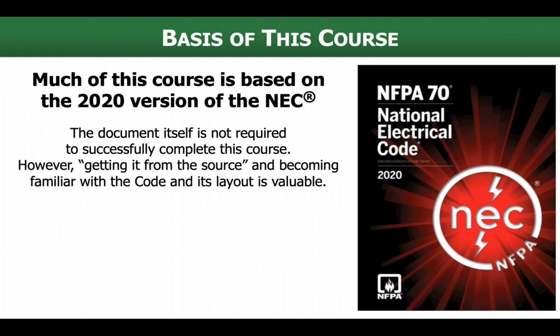The more time you spend doing that, the more familiar you'll become with the layout of the code, the more easily you'll be able to find things in there, the more easily you'll be able to make a case for something that you want to do that you believe is code compliant, but other people may think is not. So that source material is important, but you don't have to have it to take this course.